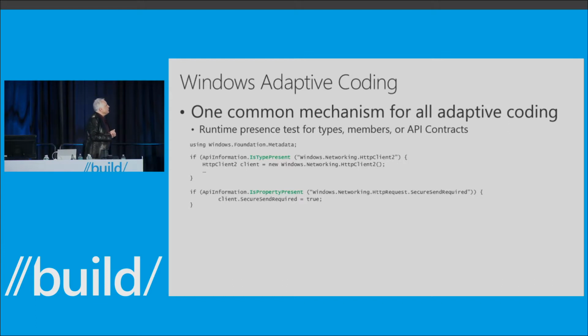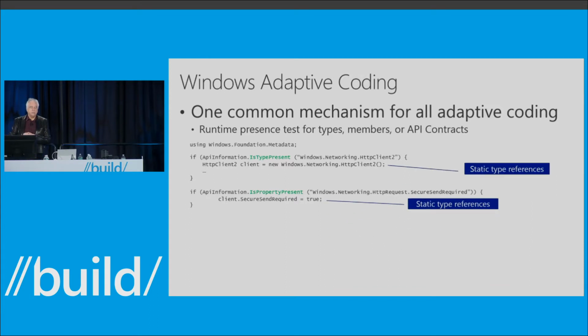So here is an example of adaptive or light up code. Now, there is a subtlety here. I wonder if anybody catches it. The key thing that makes what we've done to support API contracts is this.